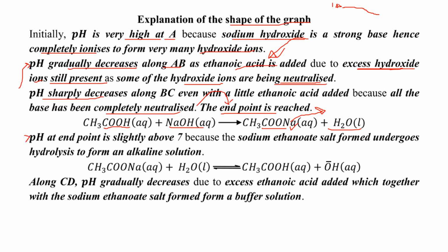Now the third thing we talk about is pH. The pH at the end point is going to be slightly above 7. The reason it's slightly above 7 is that the sodium ethanoate salt formed undergoes what we call ionic hydrolysis. First of all, we split it, though I didn't do it here, because it's a strong salt, to get ethanoate ions and sodium ions.